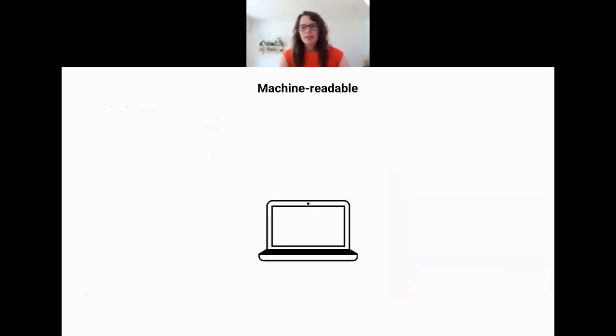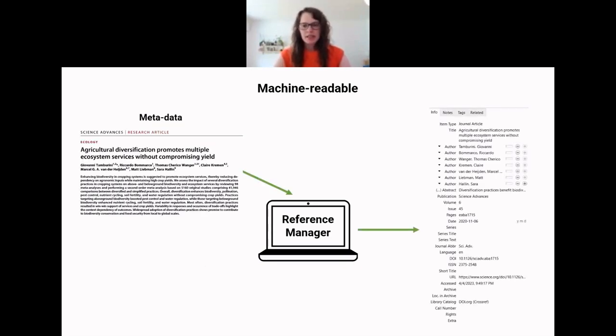I've mentioned this concept of machine readability a few times, and what I mean is that you have this nice PDF that's easy to share, but most of the data in it would have to be manually extracted by a person if you wanted to reuse it.